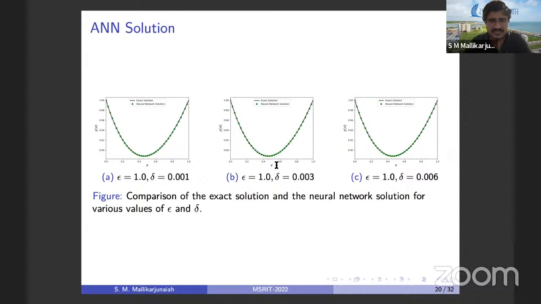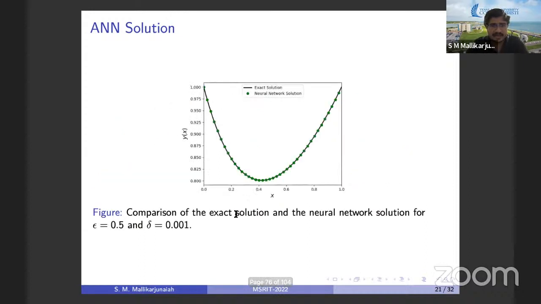That means our delay parameter does not affect much. So in our next simulations, we can keep that fixed. Let's keep it at some small number, 10 to the minus 3, but let's reduce epsilon, and you will clearly see the layer behavior. Now this is for epsilon 0.5 and delta 10 to the minus 3.